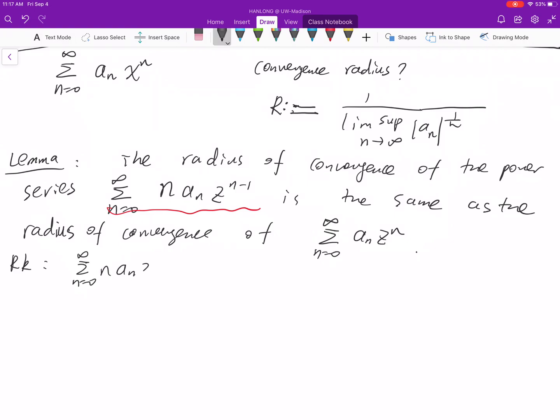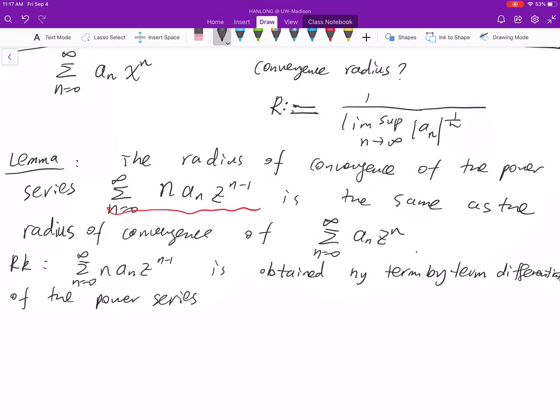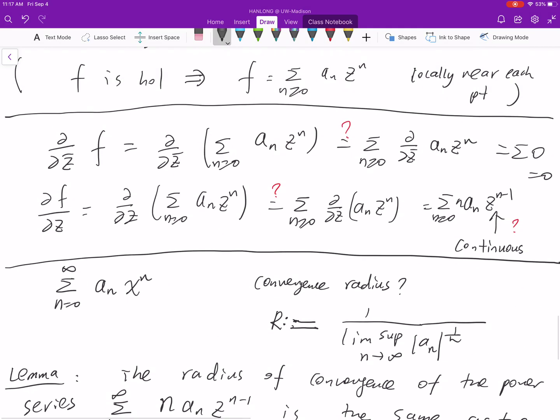This power series is obtained by term by term differentiation of the power series, n equals 0 to infinity, a_n times z^n. So actually, that's what we had here.